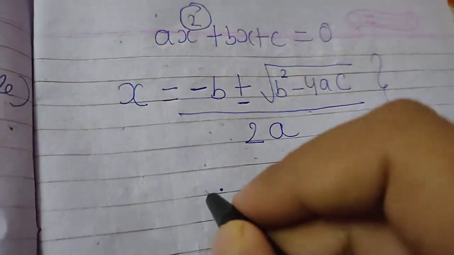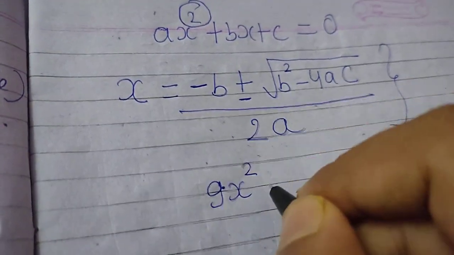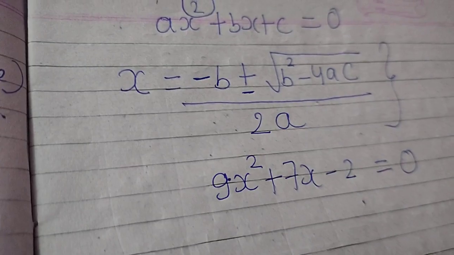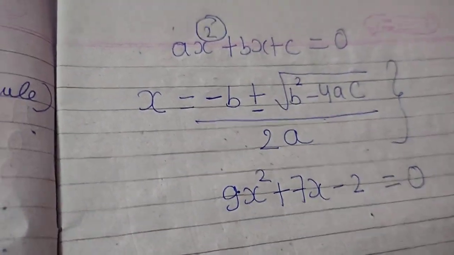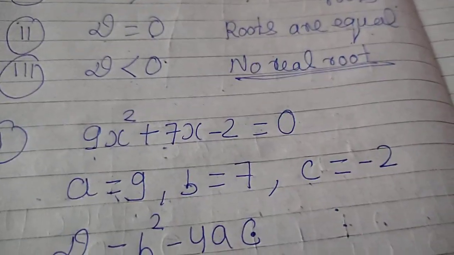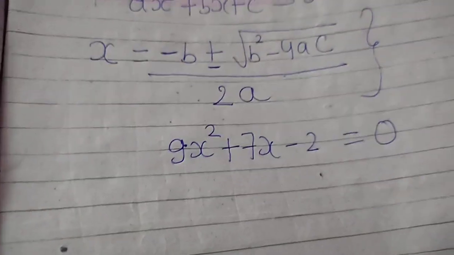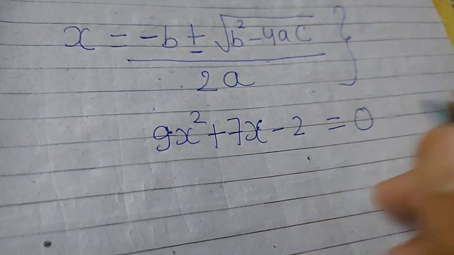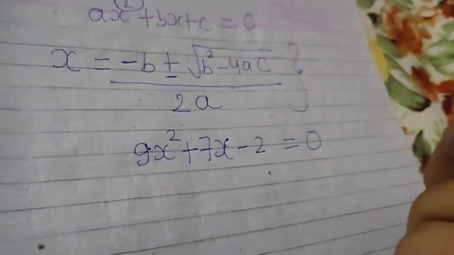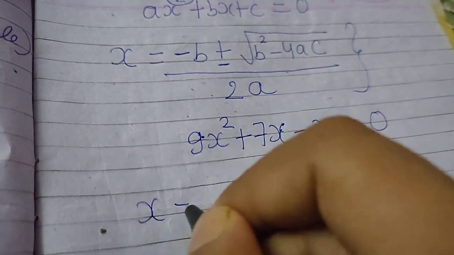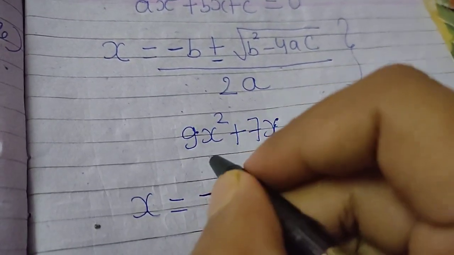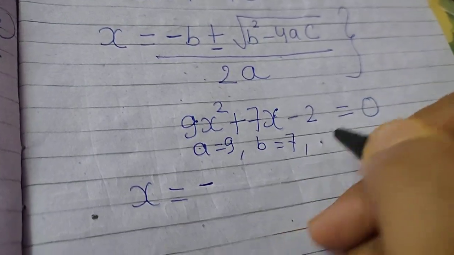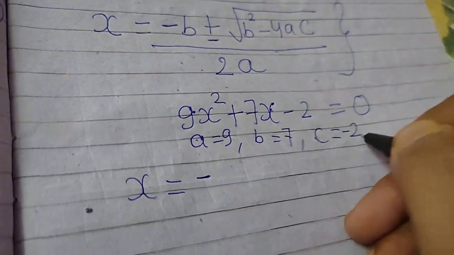Suppose we have to solve the same 9x square plus 7x minus 2 is equal to 0. We will find its roots or zeros or solutions by the Sridharacharya formula. So what is the formula? It is x is equal to minus b plus minus under root b square minus 4ac upon 2a. You know that a is equal to 9, b is equal to 7, and c is equal to minus 2.